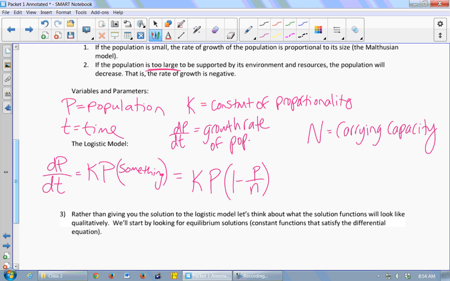Larger than 1, right? If p is bigger than n, p over n would be bigger than 1. So 1 minus something bigger than 1 would be negative. Okay, so this fits the bill. It's close to 1 when p is small, and it's negative when p is big. So there is our logistic model.